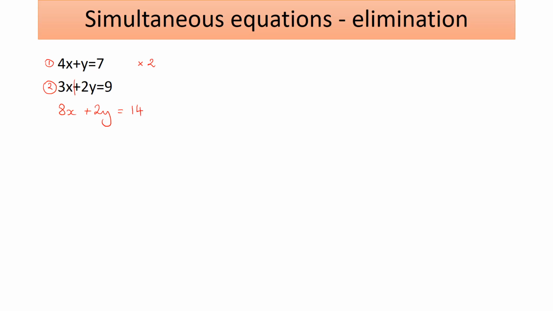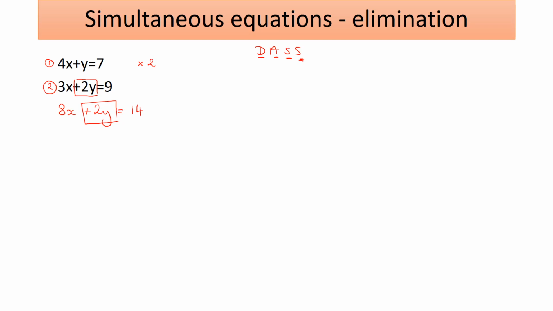Now I've got the same coefficient in front of y, and remember, different, add; same, subtract. I've got add 2y, add 2y. So if it's the same, I need to subtract the two equations to get rid of one of the unknowns.